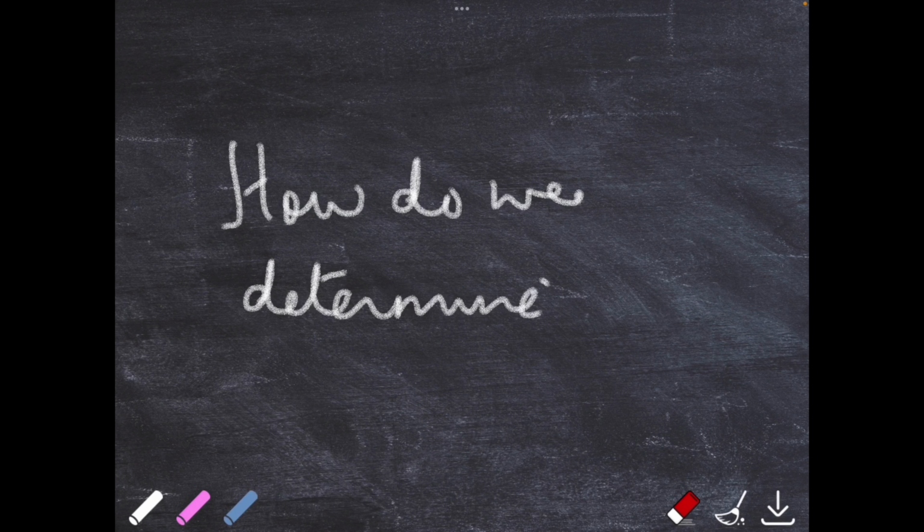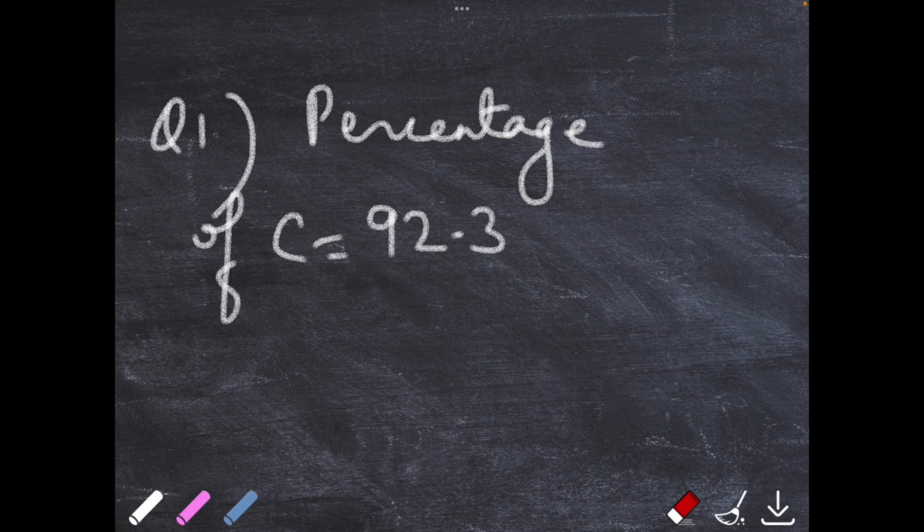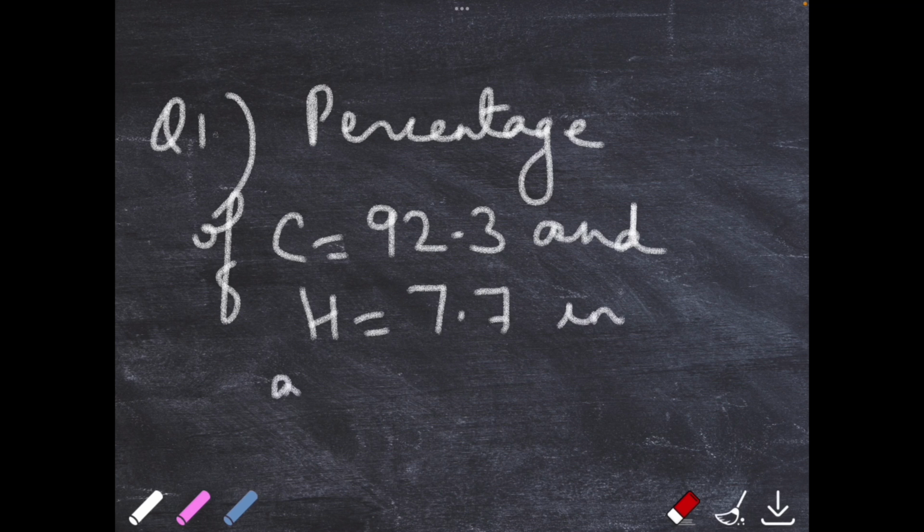Let's get to this. Supposing the question is, percentage of carbon is equal to 92.3 and hydrogen is equal to 7.7 in a molecule.